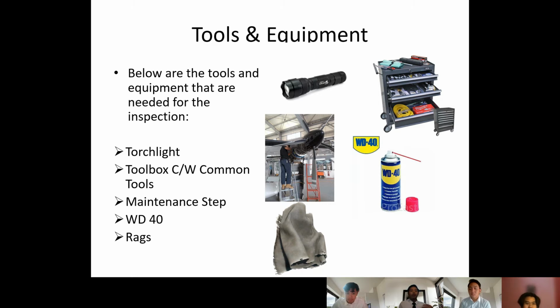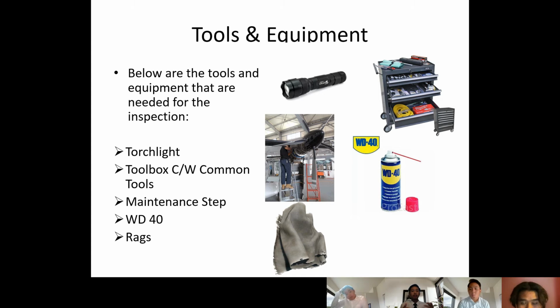Now that we already know about the introduction and the objective, let's look at the tools and equipment that we need for the inspection. The tools and equipment depend on what kind of inspection we are going to do.